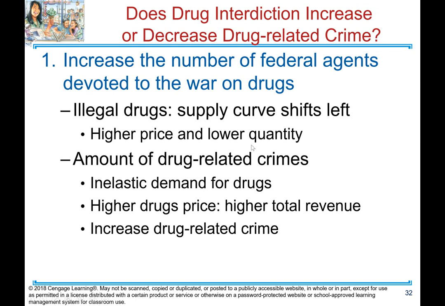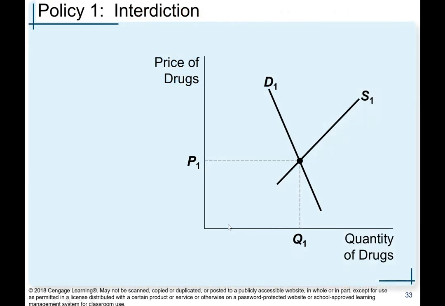A higher price and lower quantity will result. The amount of drug-related crime depends on the demand for drugs, which is inelastic. Higher drug prices mean higher total revenue, increased drug-related crime.